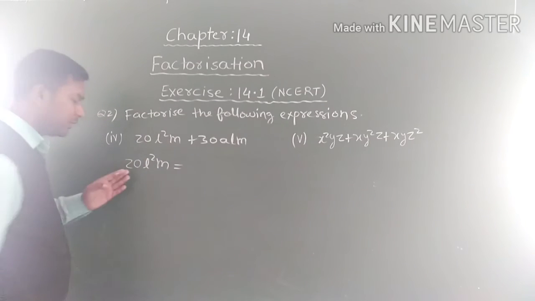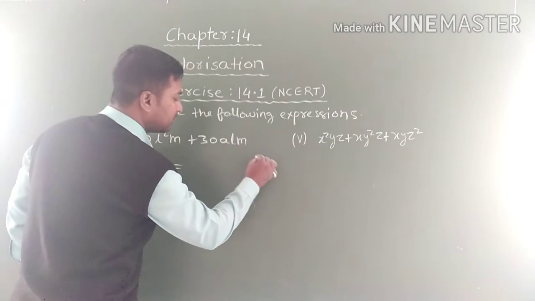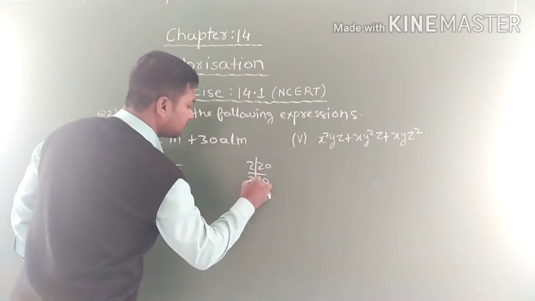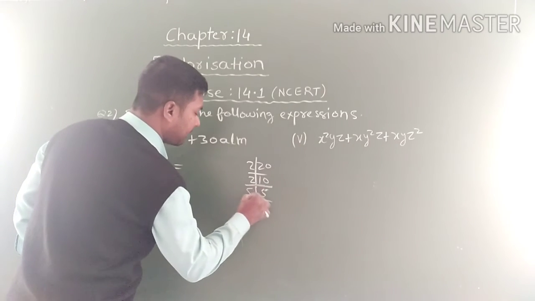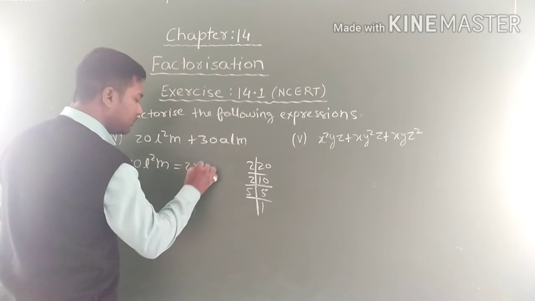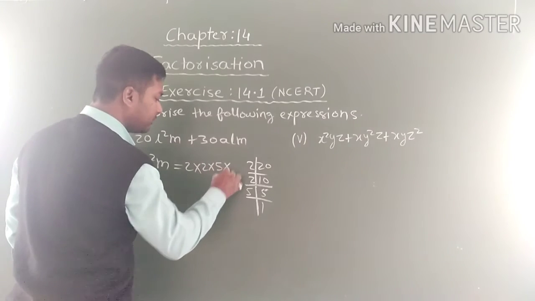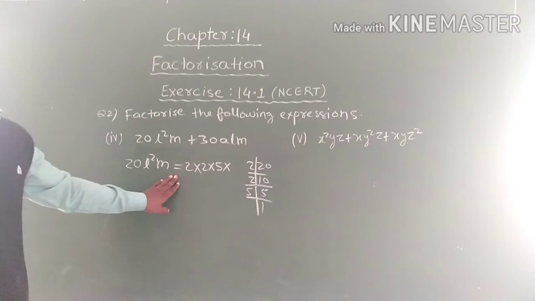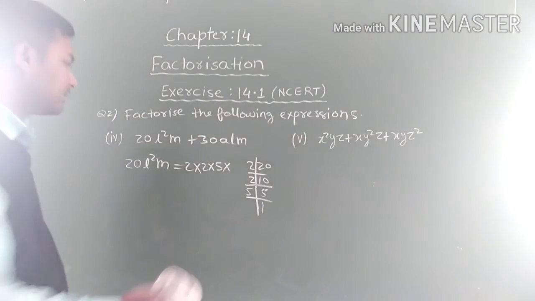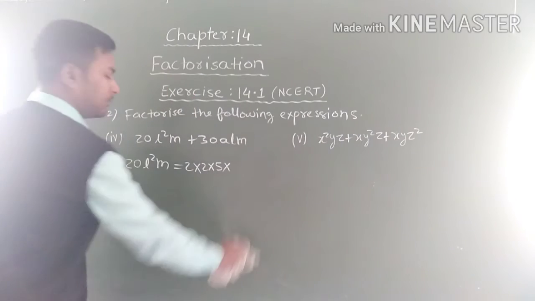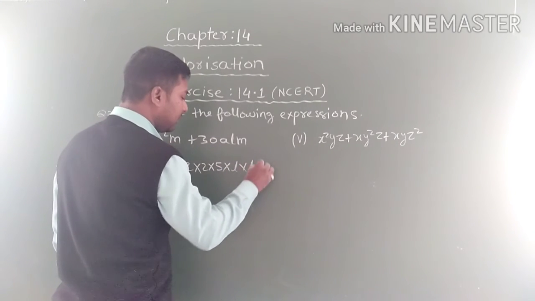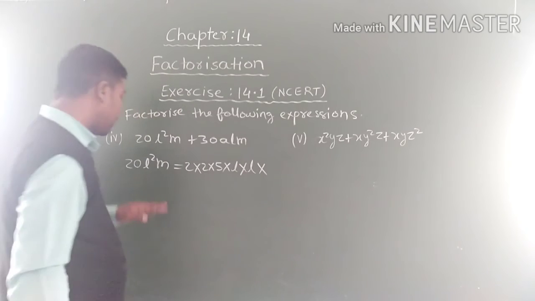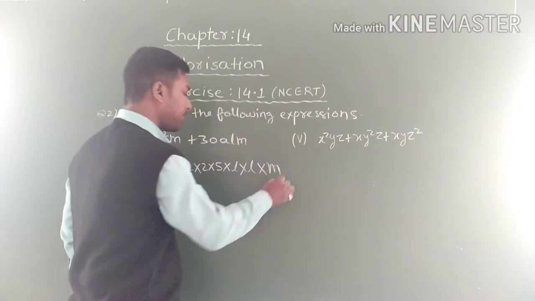The factors of 20 will be, let's find it here, 2 into 2 into 5. L square m. So we can write l square, that is l into l, and m is here.